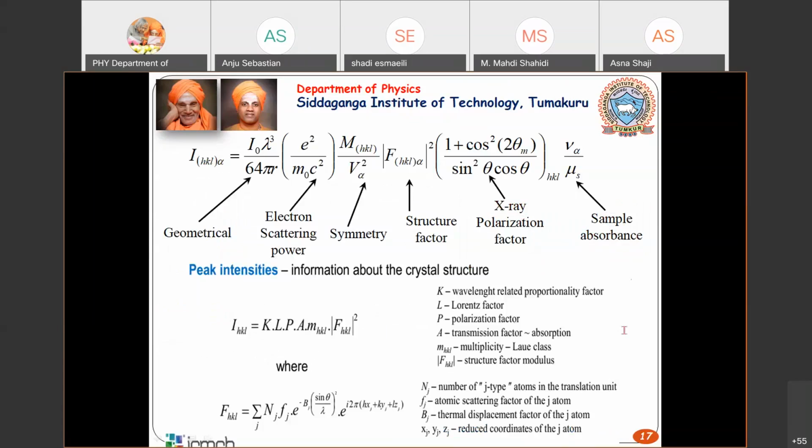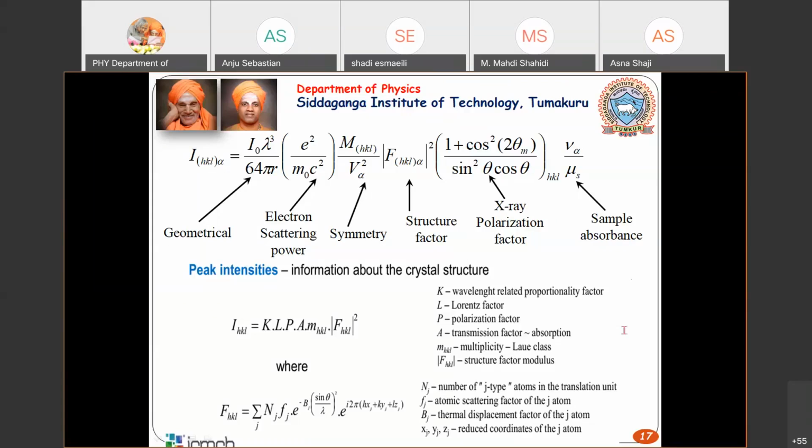If I narrow down the slits, the solar slits, which are horizontal, and the divergent slits, which are perpendicular, then the peak will become sharper.